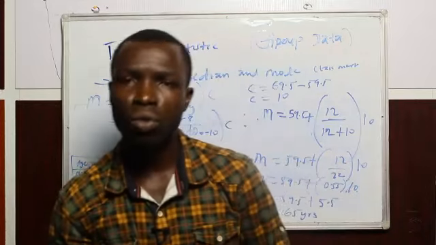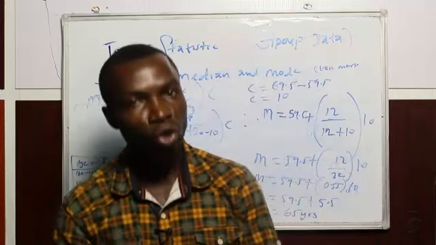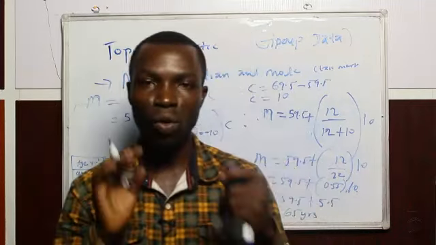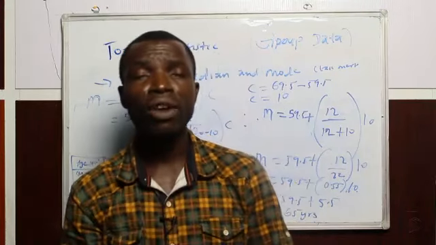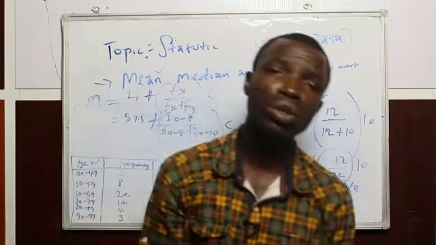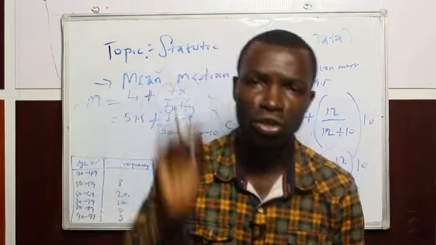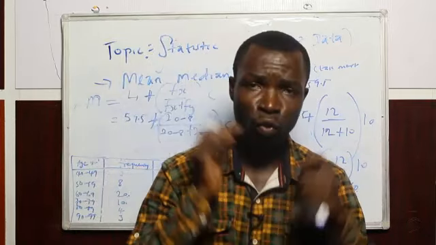If our cumulative frequency is odd, we use n plus 1 over 2. Please listen: n plus 1 over 2 when our cumulative frequency is odd. When it is even, we use n over 2 plus n plus 1 over 2, all divided by 2. That is how we get our median for the group data.